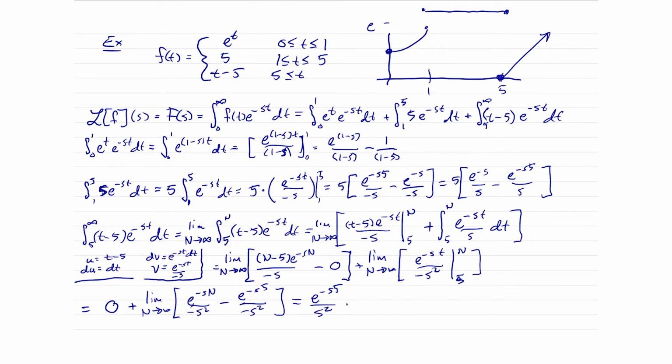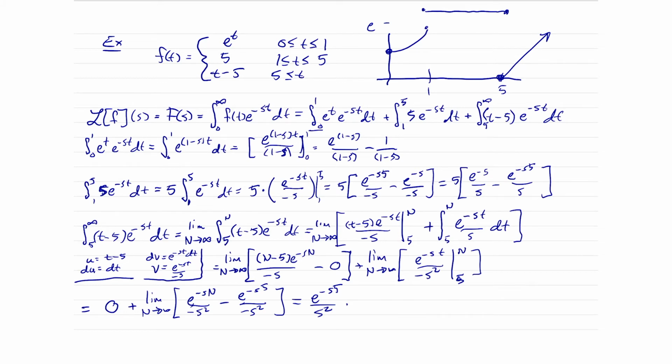Okay, so what is the Laplace transform we get? So we took the Laplace transform of this function, which is written this way. Now, what that means is we take the integral from 0 to infinity of the definition of the Laplace transform, which is f of t times e to the minus st. But in order to do that, we basically need to expand the definition of what f is, which gives 3 different intervals that we're going to be integrating over.